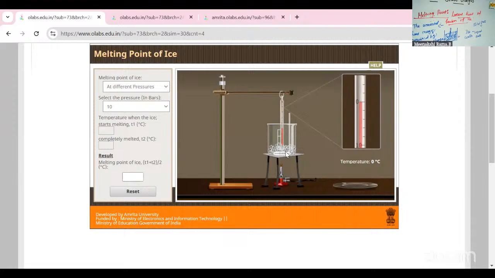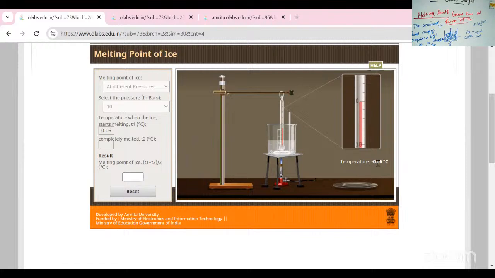The freezing point of ice is 0 degrees Celsius, so it indicates 0 degrees. The thermometer is at 0 degrees. Now I'm going to switch on the burner. The ice cube is slowly melting in this place. The stirrer helps the melting process. Just look at the temperature level. The thermometer level is changed.